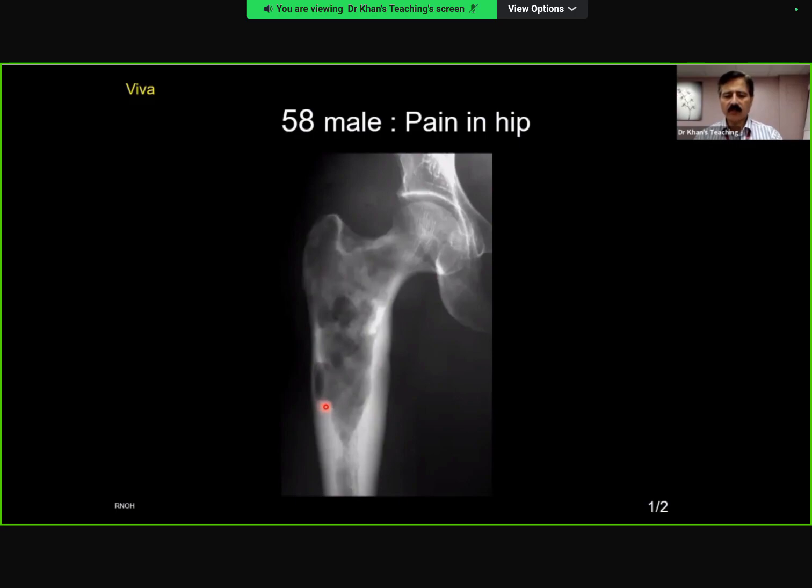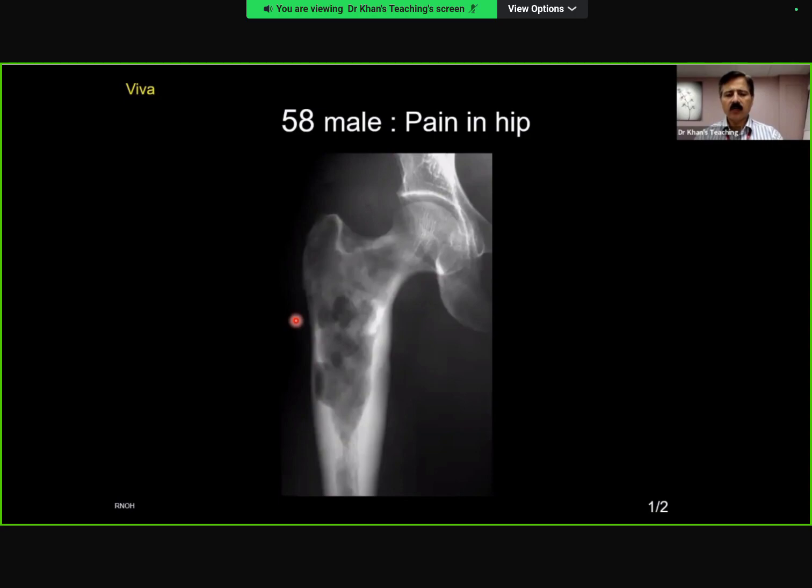Another criteria, if the scalloping is more than 2/3 of the length of the lesion, you see this is the length of the lesion, and if it is more than 2/3, and of course in this case all of this is scalloping, here there is less scalloping, here there is more scalloping, so this is a development of a chondrosarcoma. And third thing is MR criteria.